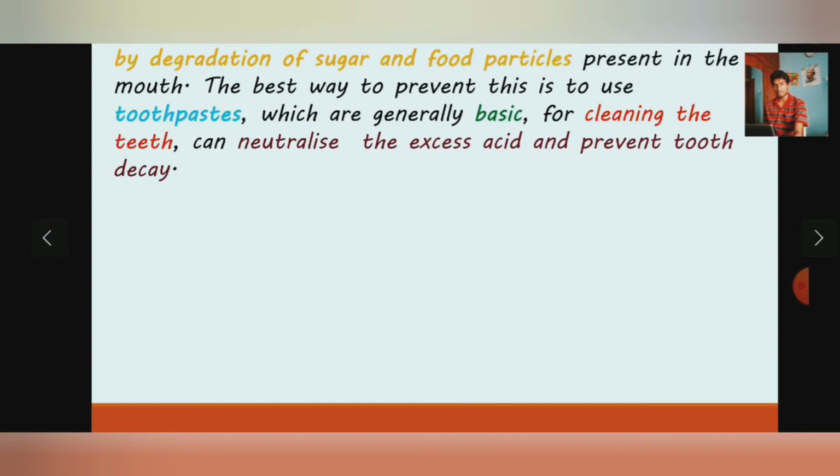So the best way to prevent it is nothing but brushing your teeth twice a day, which we have learned when we were small in our childhood days. Right? We have to use toothpaste to brush our teeth, and we have to brush our teeth twice a day to neutralize the acidic effect caused by this bacteria and to prevent tooth decay.